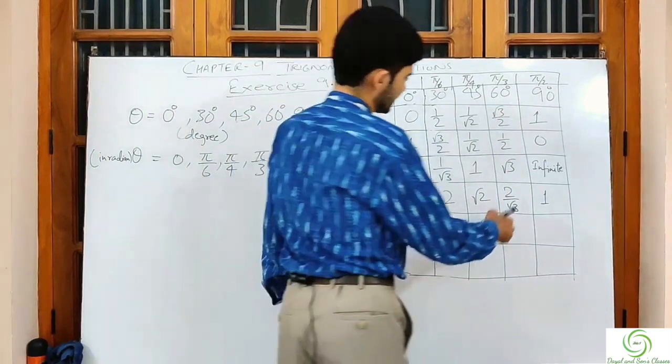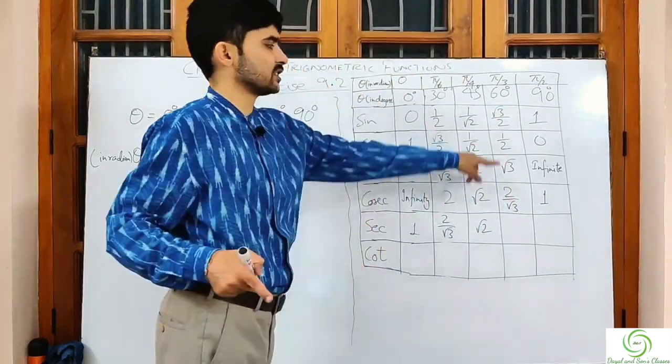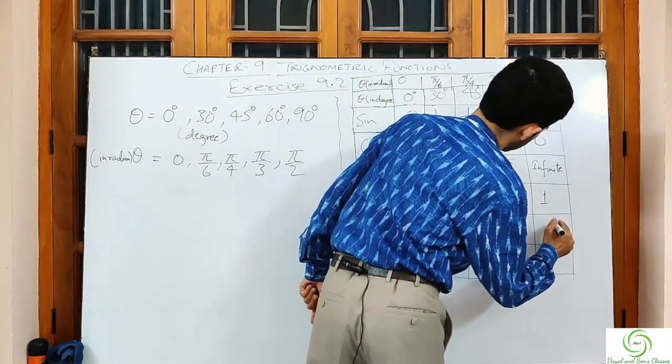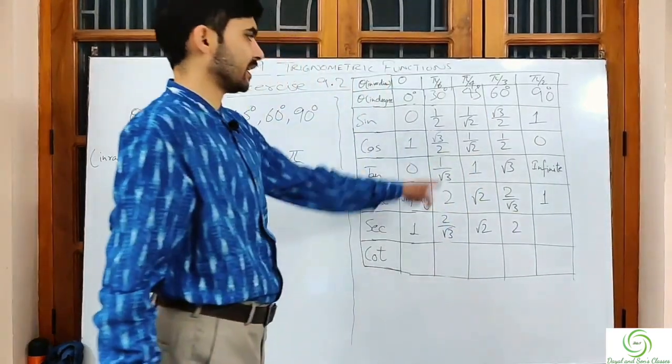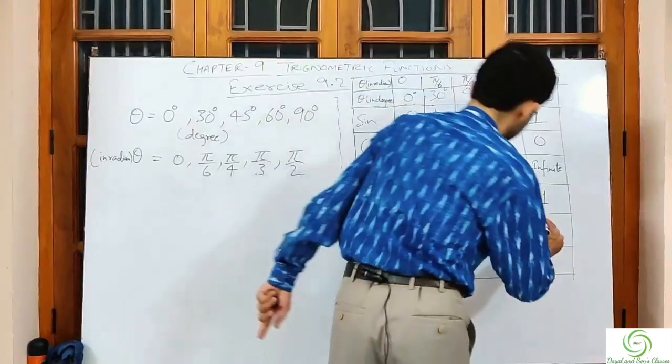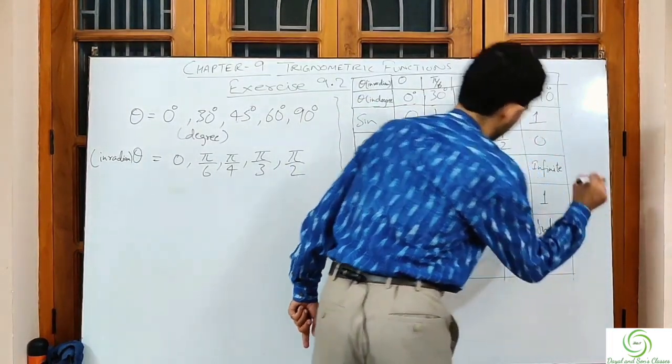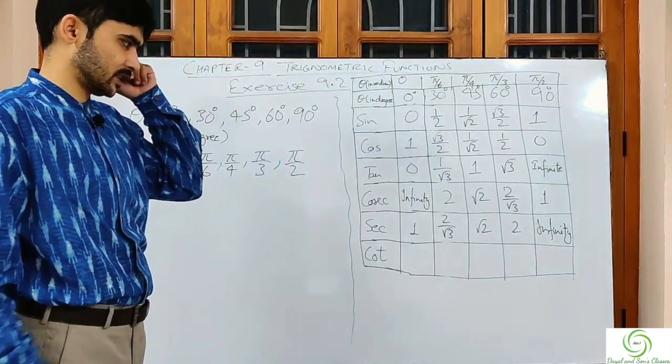Now cos 60 is half, so sec 60 will be 2. And cos 90 is 0, so it will be infinity. 1 upon 0 will be infinity.